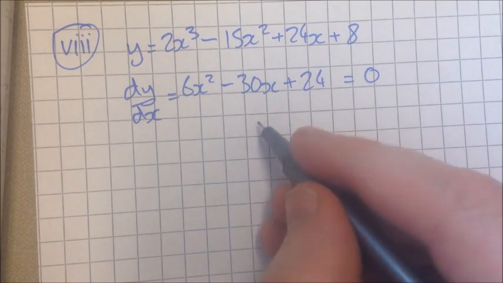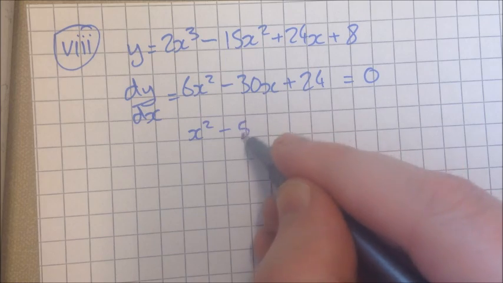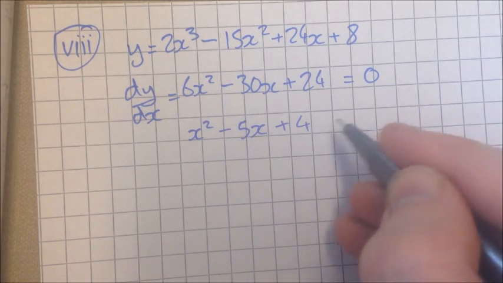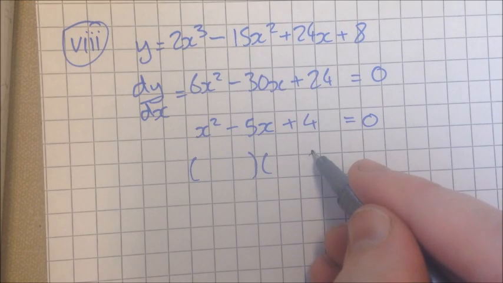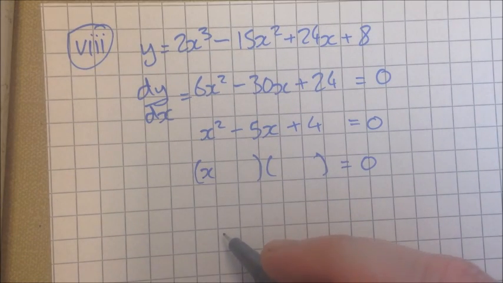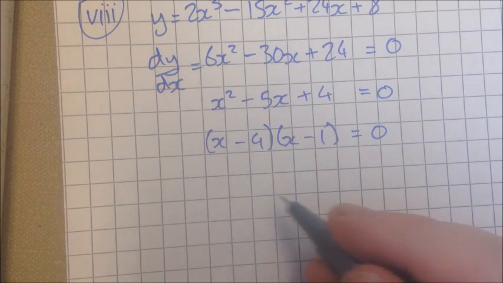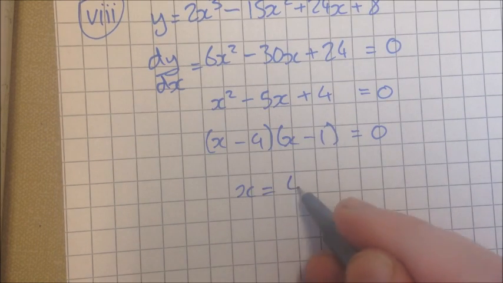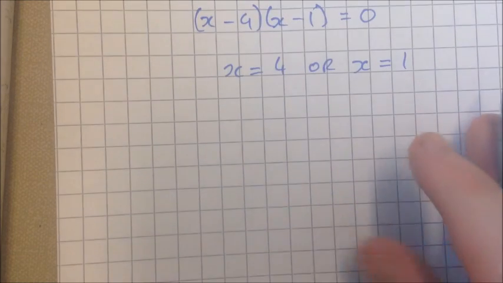Now everything's in the 6 times table, so divide by 6. Please say it factorises. Now, x take away 4, x take away 1. Yeah, x equals 4, or x equals 1.